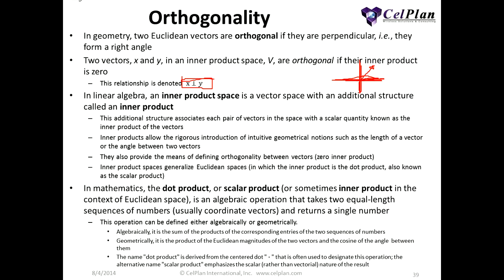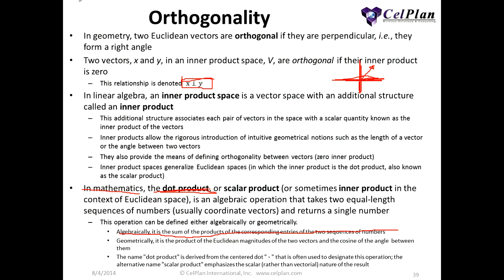This orthogonality is denoted by this symbol here. And basically, the way it is done in mathematics is through the dot product. All of OFDM is basically based on the dot product, and we will show you some examples of this, because algebraically it is the sum of the products of all the samples of two sequences of numbers.